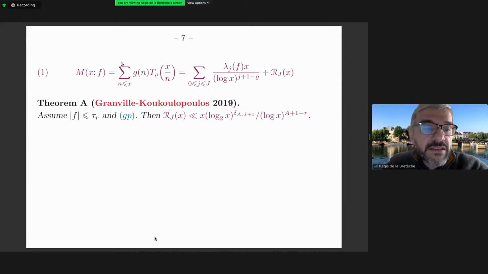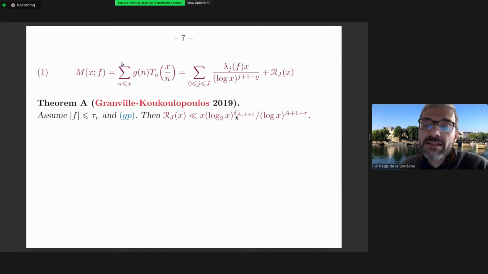If you have the assumption on the sizes of f and a GP upper bound, then the rest in the asymptotic is less than x over log x power capital A plus 1 minus r, with an additional extra factor, log x power delta of A, j plus 1.